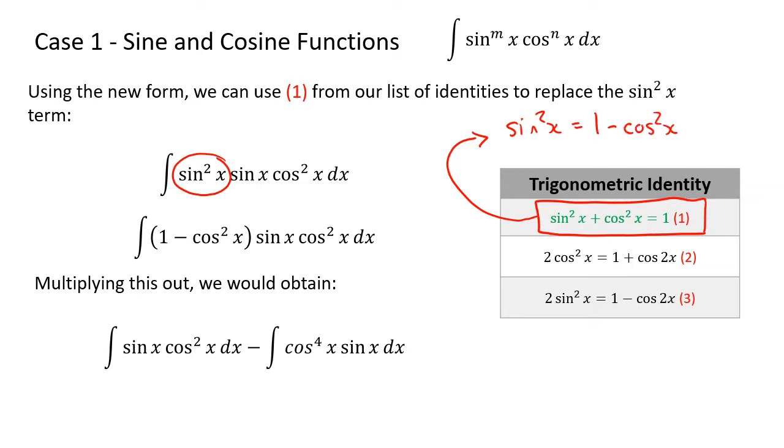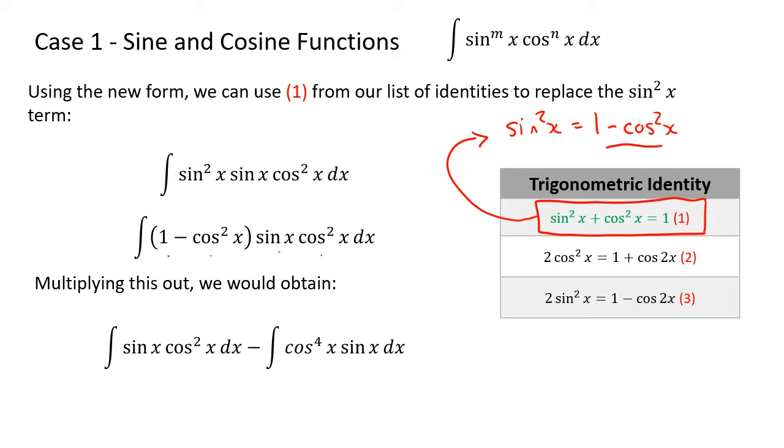So I'm going to substitute in 1 minus cosine squared of x instead of sine squared of x. What we're left with is 1 minus cosine squared of x multiplied by sine x and cosine squared of x dx. So we had to rewrite this term so that we had a sine squared of x that we could substitute.